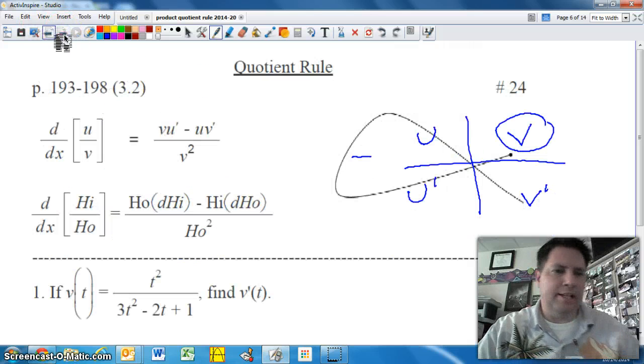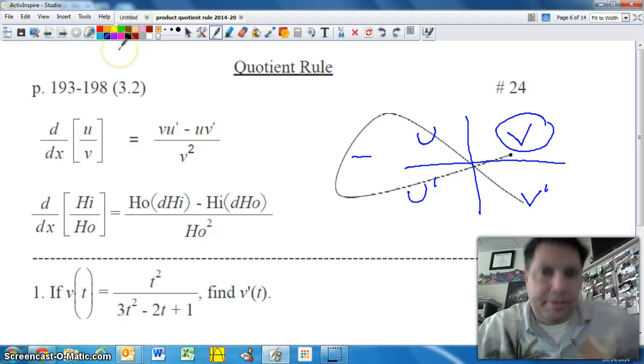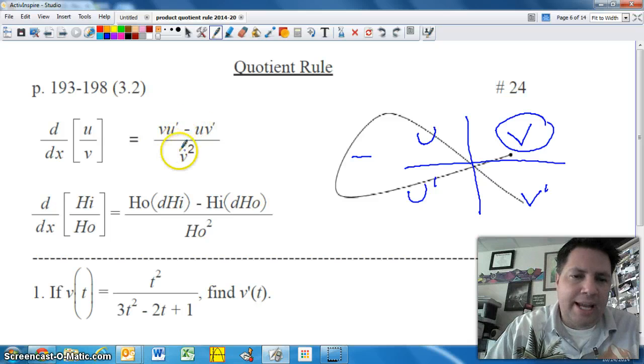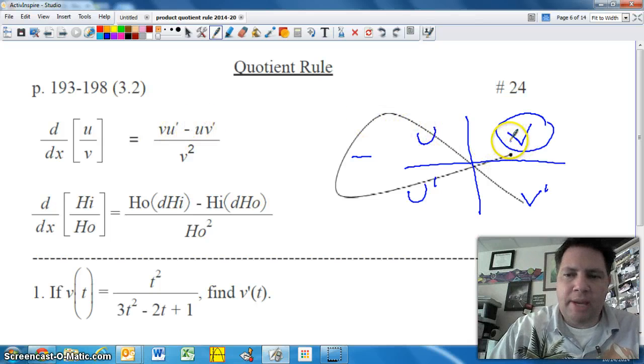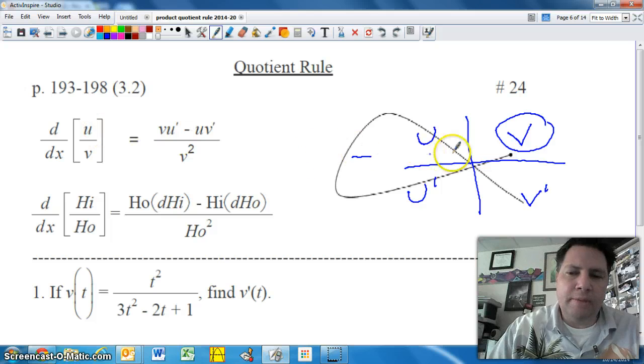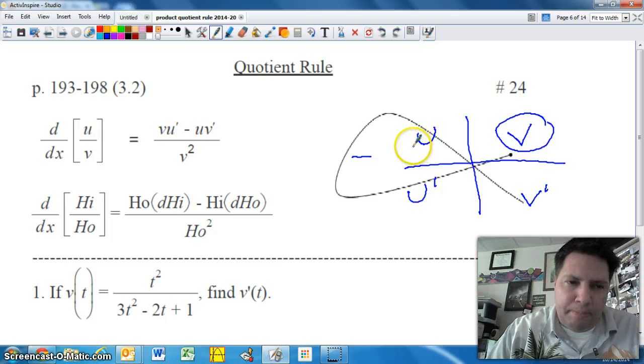So, okay, let's move on to the quotient rule. Very similar to product rule, except if you notice there's a minus and there's a fraction involved. If you have u divided by v, it's going to be the bottom, v, times the derivative of the top, so v times u prime, minus the top, u, times the derivative of the bottom, v prime, all over the bottom squared.